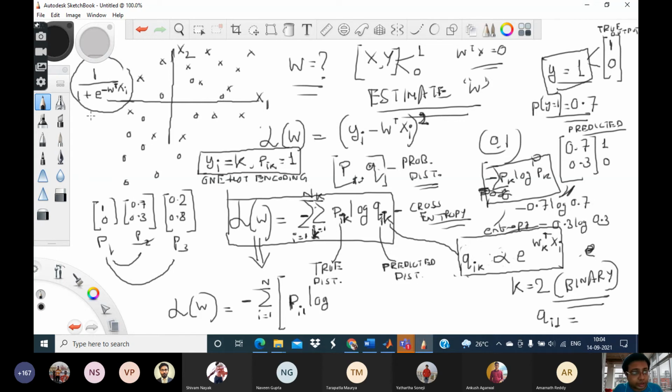So this is my qi1. Now instead of writing this whole expression here, let me write it as sigma of w transpose xi. Sigma denotes the sigmoid function.